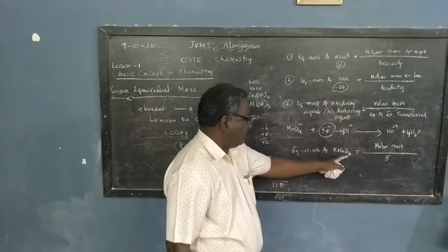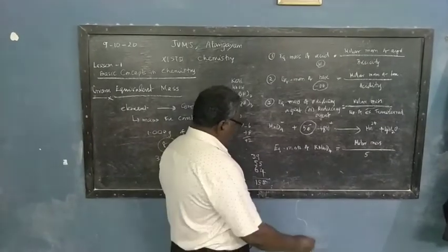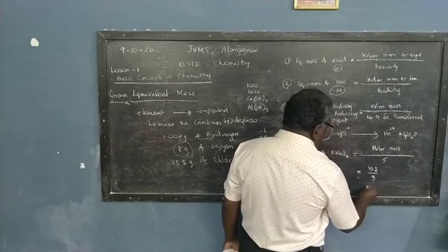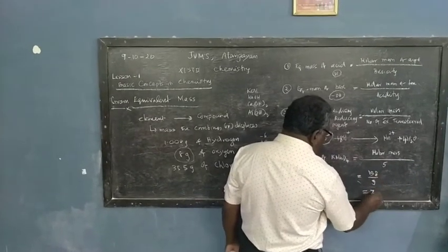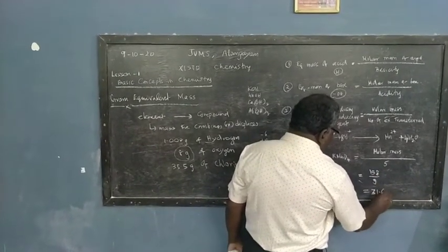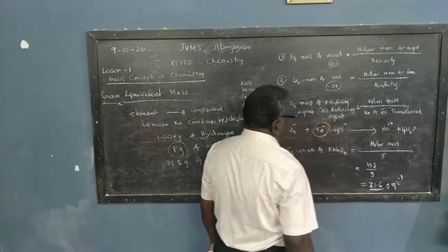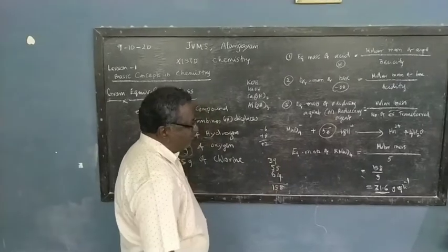Therefore, it is 158 by 5, and it will come to 31.6 gram per equivalent, the equivalent mass of potassium permanganate.